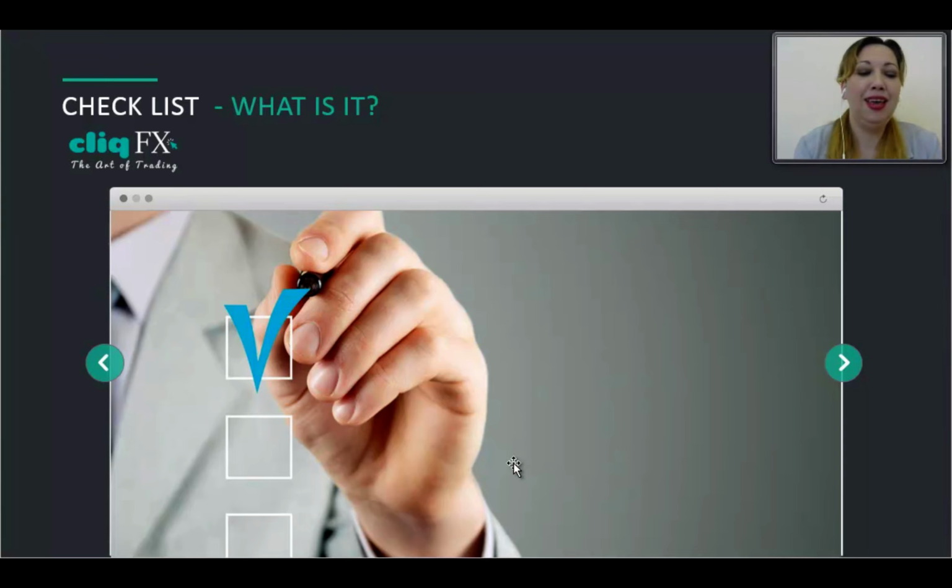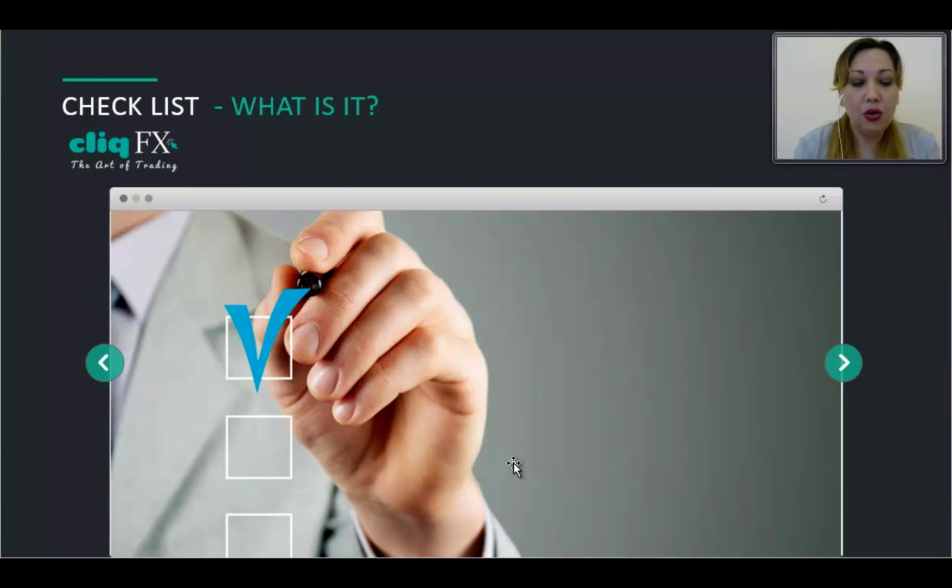A good way to increase efficiency is to make a printout of the checklist for entering and exiting transactions. Well, what is the checklist? The checklist is a list with necessary items or points. In trading, this is the list of the conditions of entering and exiting the markets.